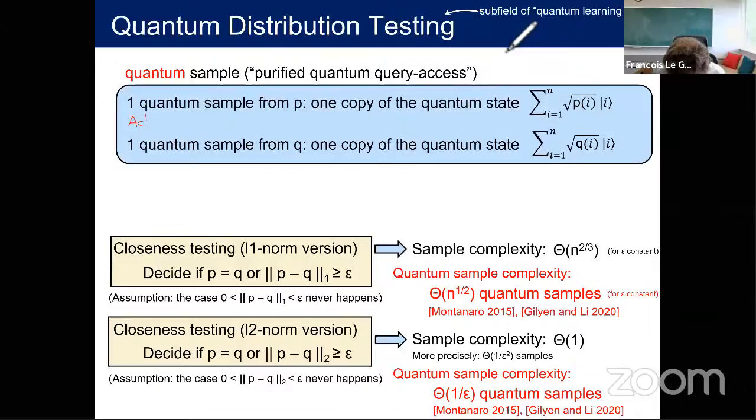So I will write what you need. You need a unitary U such that when you apply U on ket 0, you get the state I wrote.